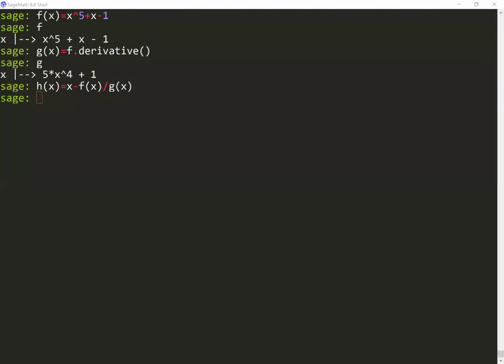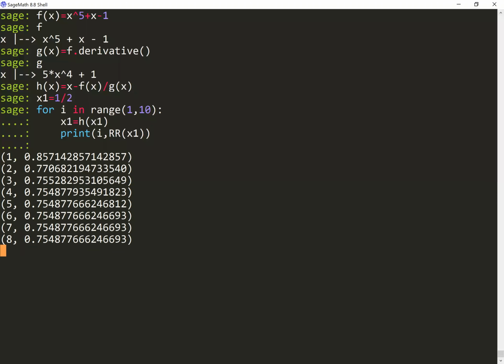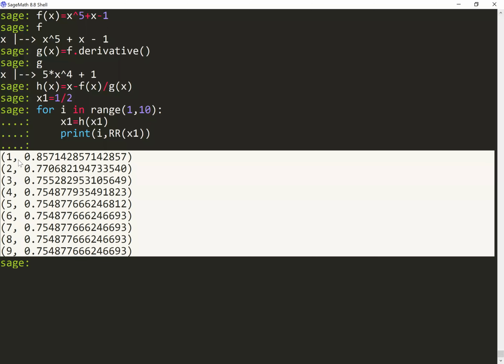Then we do the iteration. You see, after several times, this gives us a really good approximation.